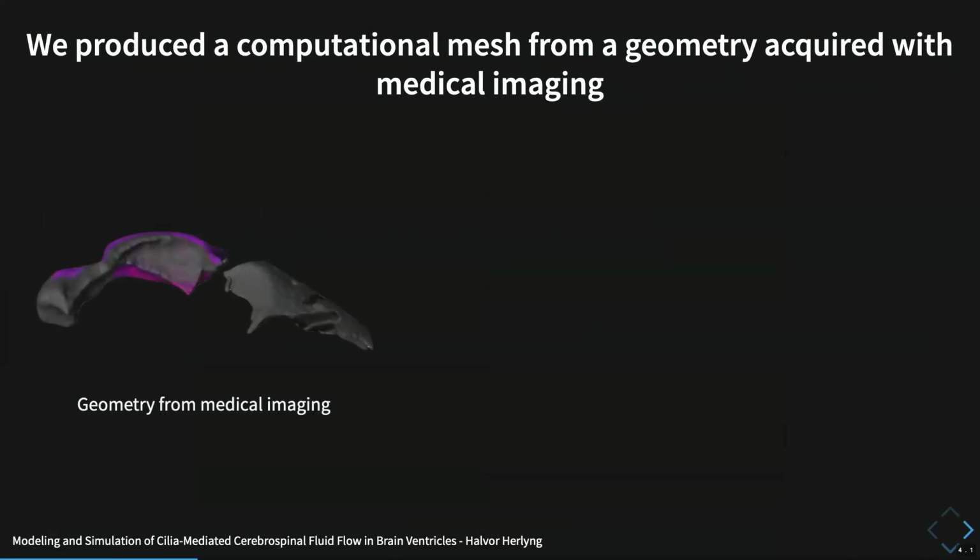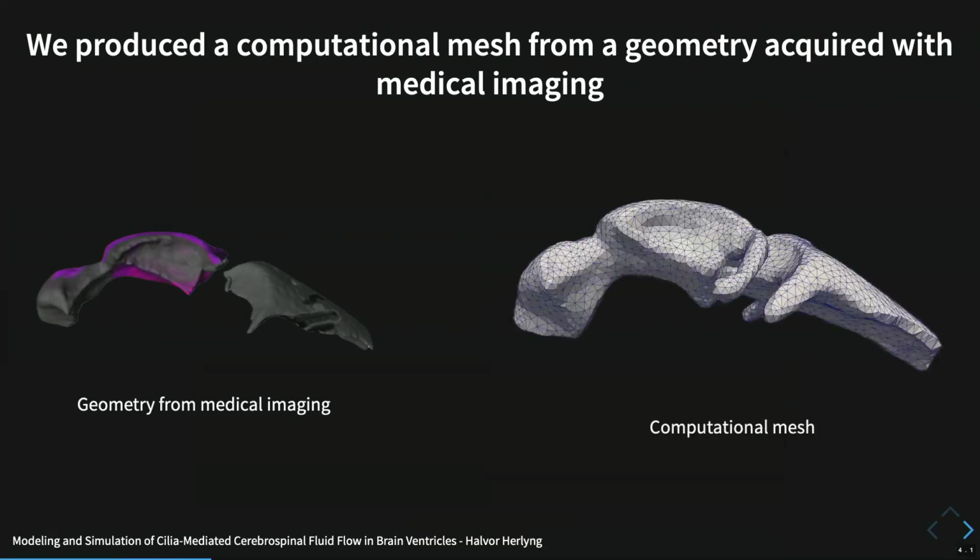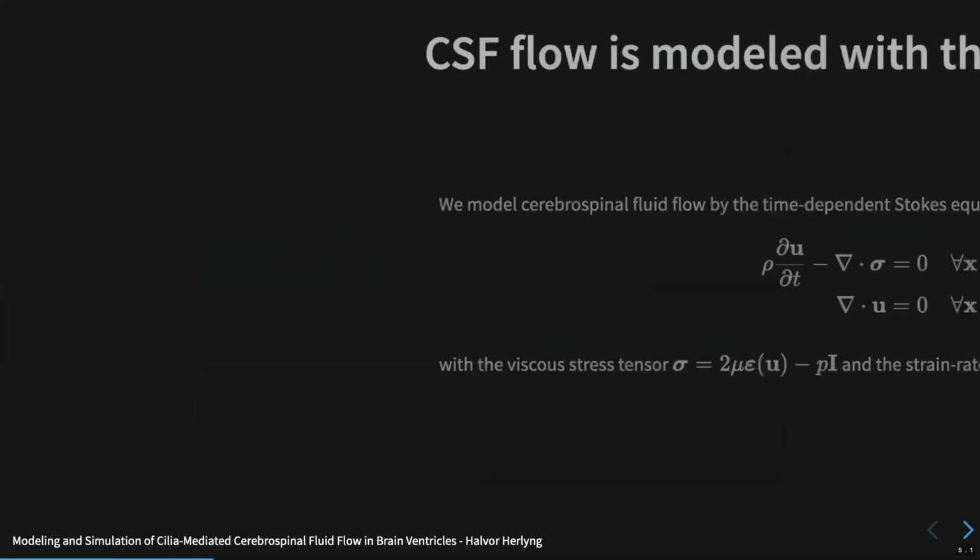So using a surface geometry that Natalie's group produced, where you can see in magenta where they've seen genes that express cilia, we produced a computational mesh from this surface geometry.